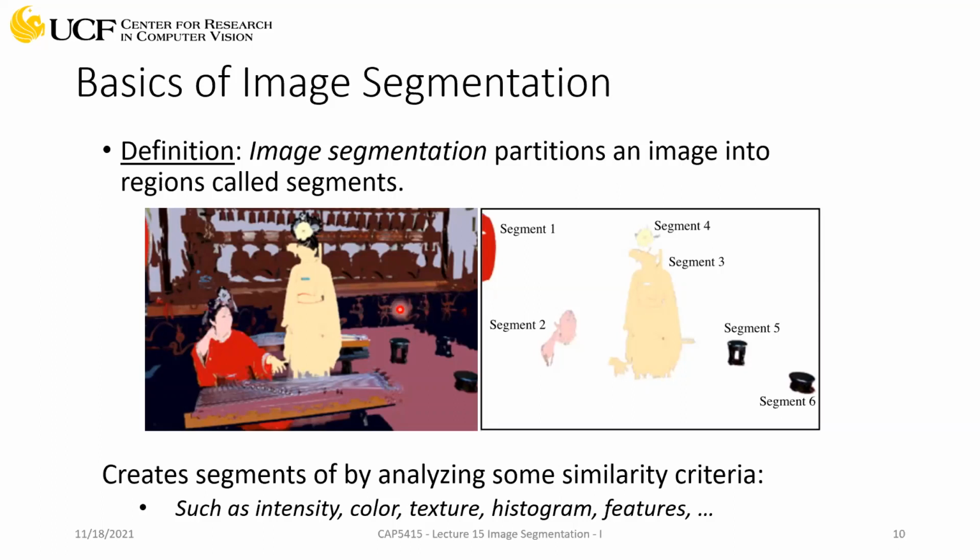And if you see that the pixel intensity is not changing a lot, it's almost the same, you can create a group out of that. Similarly, you can use the color or the texture, or maybe histograms, or you can try to be more sophisticated. You can in fact use features, where features are matching of small patches. You group them together and you create segments. So this is very important: what is your similarity criteria? And again, it will vary depending upon the problem. But whatever you do, you need a similarity criteria.